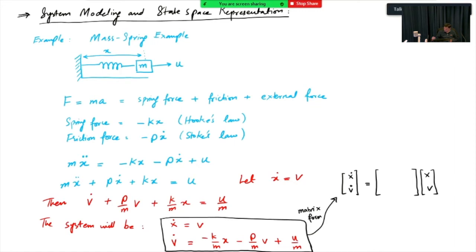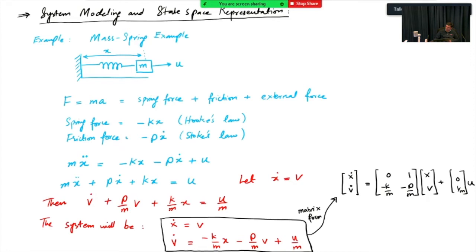So x dot is just v, so you will have a 0 and a 1 here, and v dot is minus k over m x and minus rho over m v, and then there is a 0, 1 over m u.